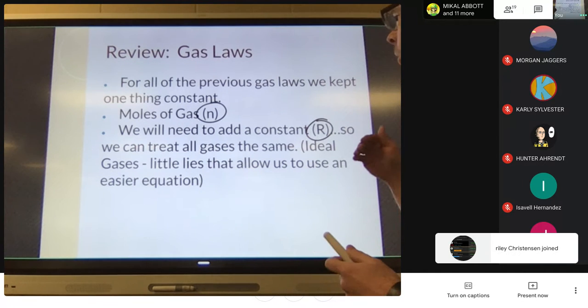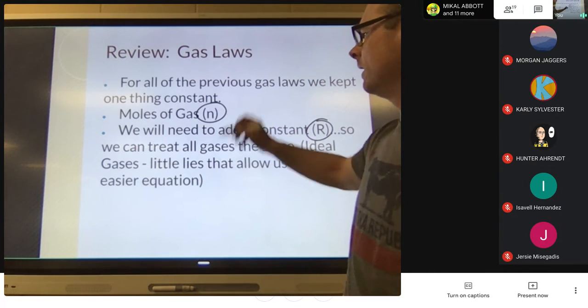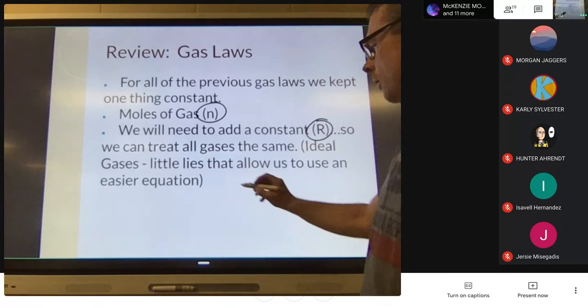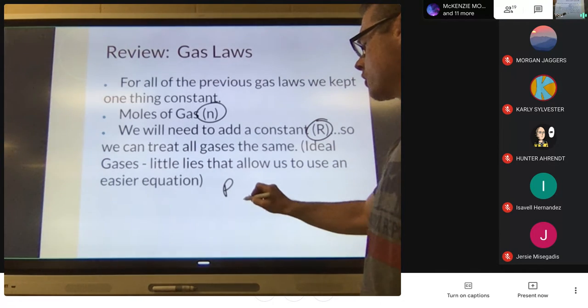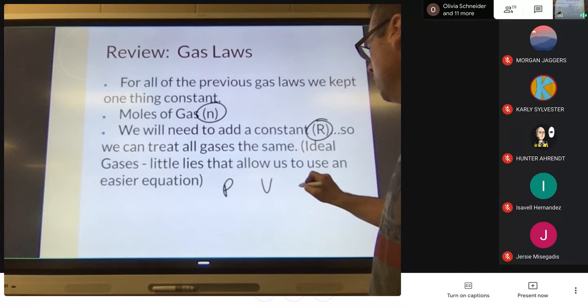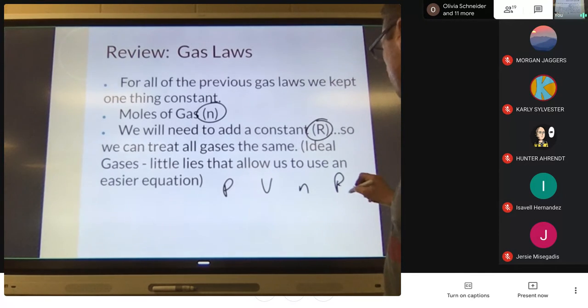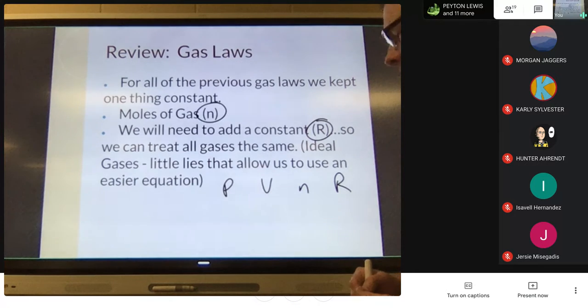And what we're going to do is factor in the following variables. We will have pressure, volume, moles, this weird R value, which I'll talk about in more detail, and temperature. Our equation today, when we get to it, will have all of that stuff in it.